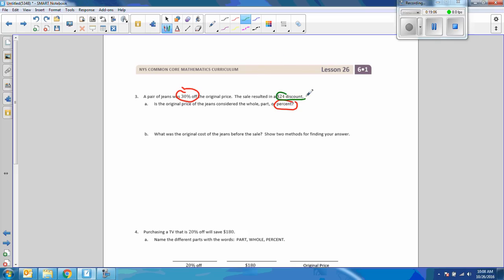A discount is a part. So, by elimination, the original price is the whole price.